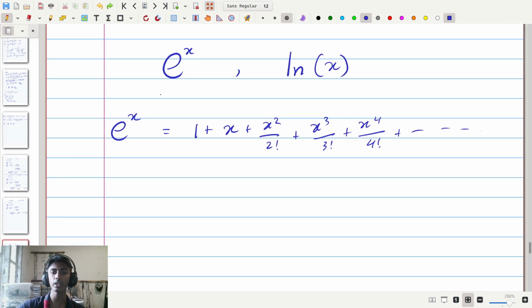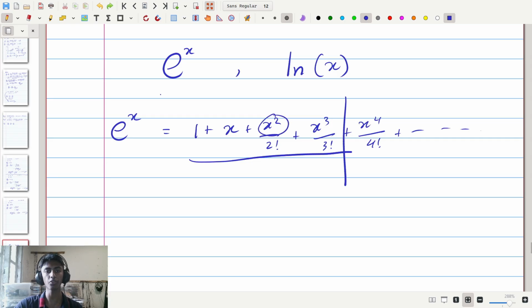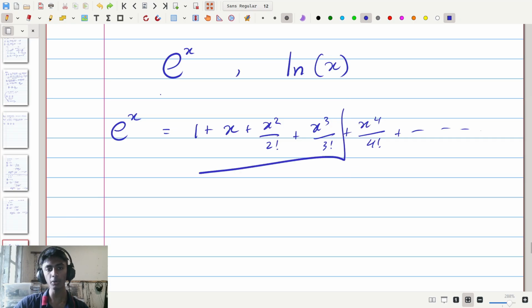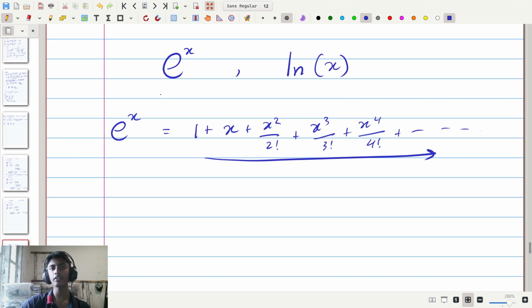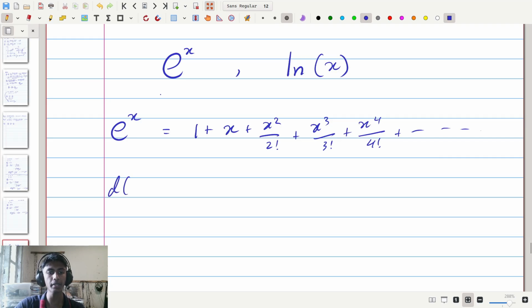So here you can see, if I take any finite portion of this Taylor series, it is a polynomial. Here we have integer powers of x and coefficients on them. So if we consider, instead of finite portions, the infinite Taylor series on its own, we can regard it as a polynomial and differentiate each of its components the way we did when differentiating polynomials. On the left hand side we have the derivative of e to the power of x with respect to x.